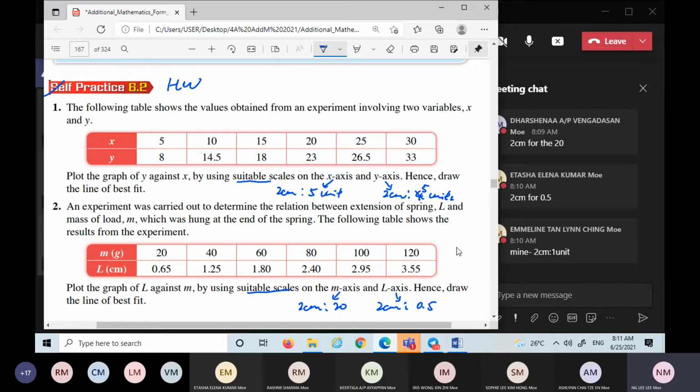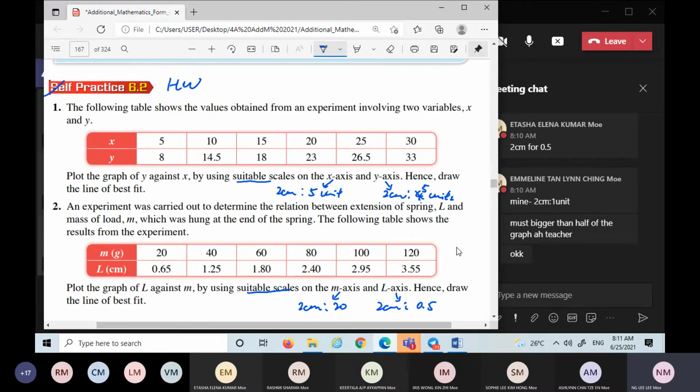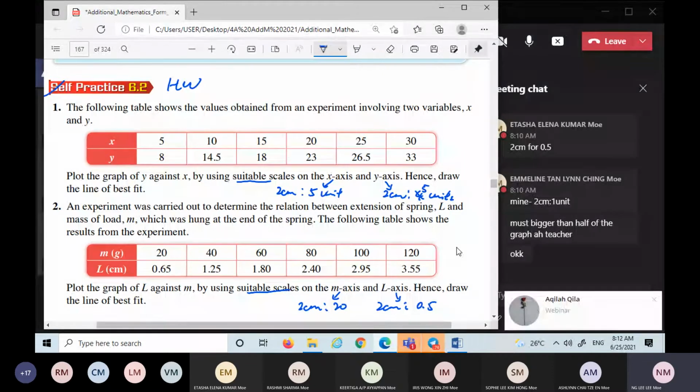Emily, afterwards snap a photo of your answer, the graph, and send it to me. I will decide whether yours is okay or not. I think 0.5 will be okay, but it must be bigger than half of the graph. Because you are using the whole graph paper, your graph should not be too small. Usually they will say occupy 75% of your graph paper. So I would say it is better to use more than half of your paper.